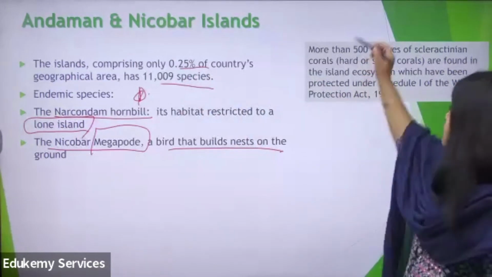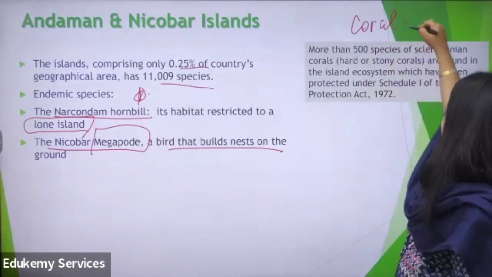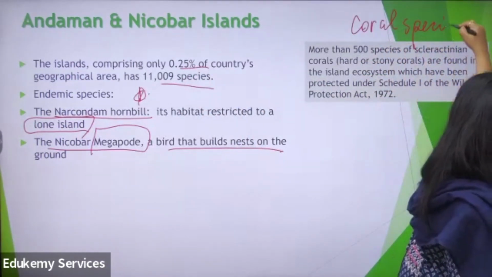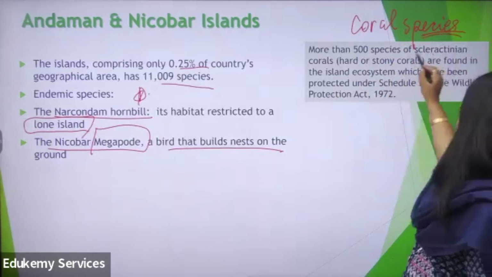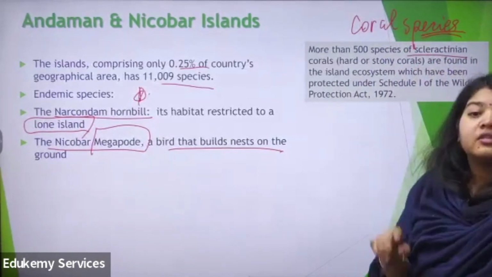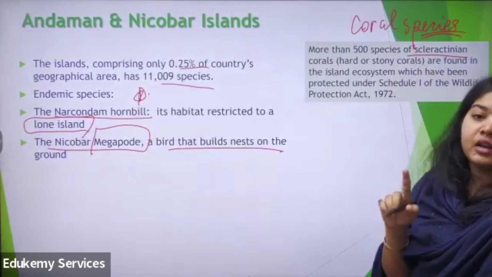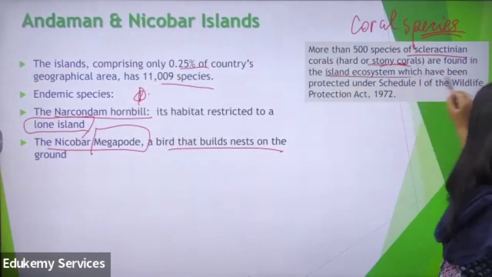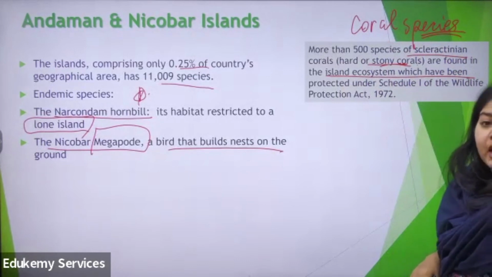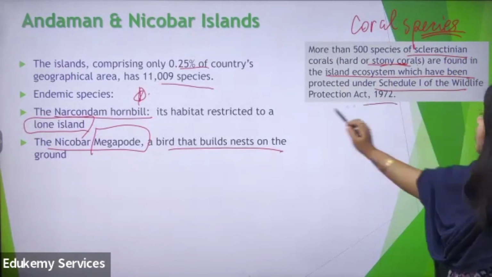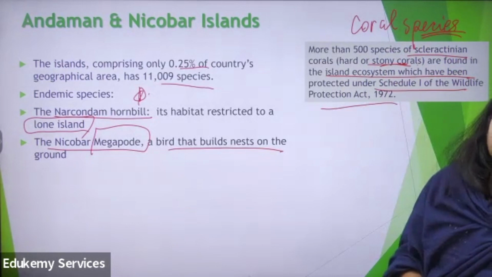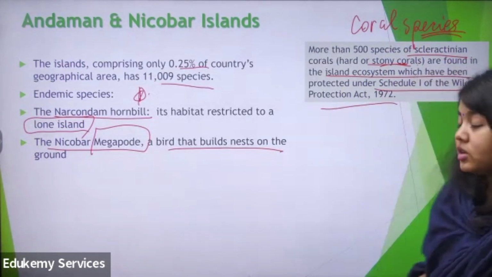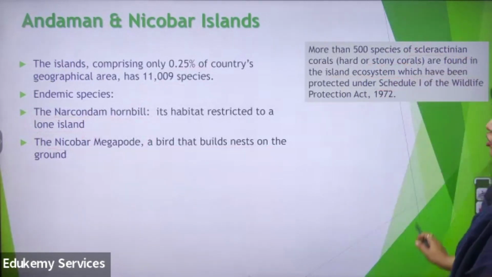It also has a wide variety of coral species, which are scleractinian in nature, which are hard and stony corals. They are found in the island ecosystem, and they are also protected under Schedule 1 of the Wildlife Protection Act. You can take a screenshot of this.